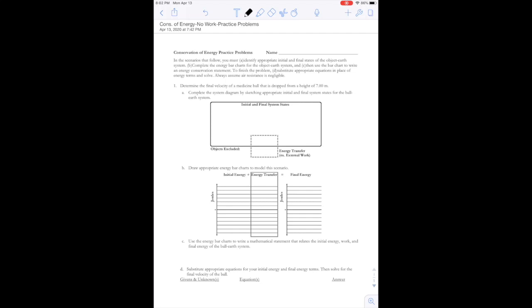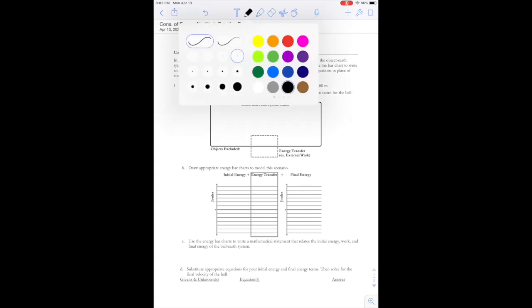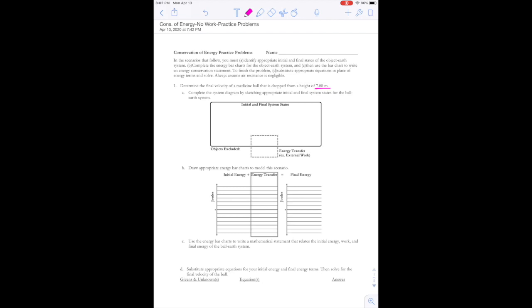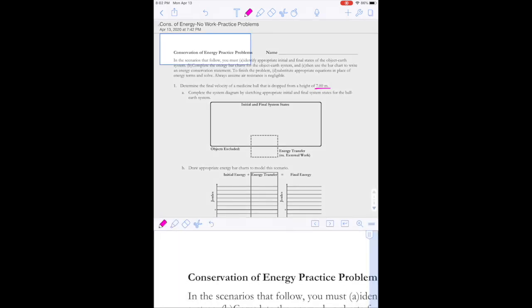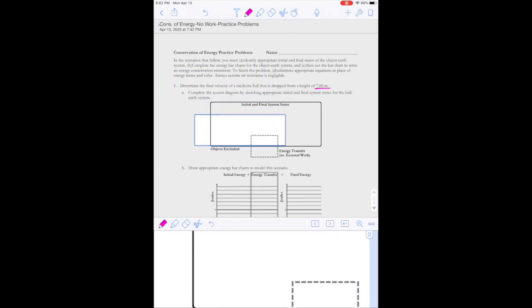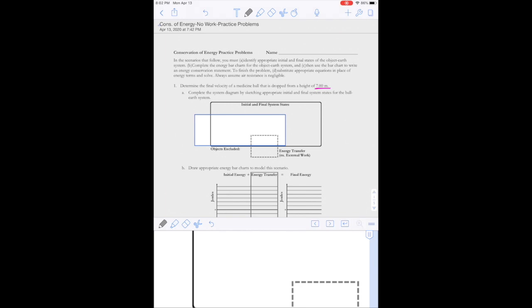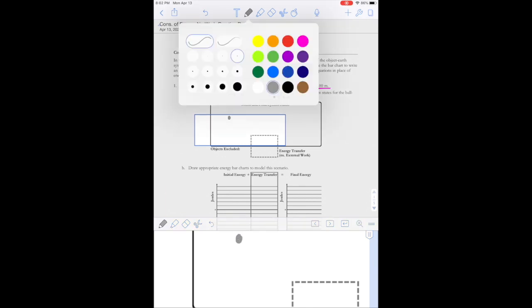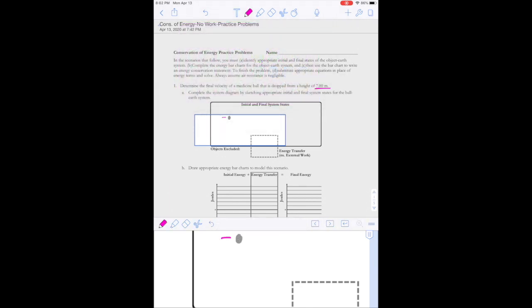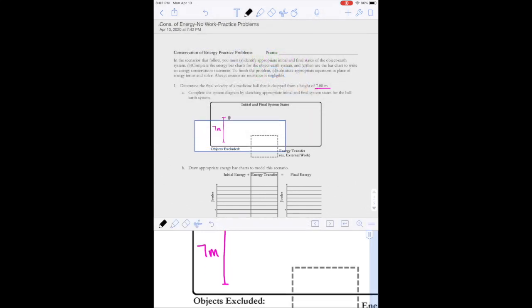All right, so first thing we're going to have to do is read our problem. It says, determine the final velocity of a medicine ball that is dropped from a height of 7 meters. So we've got an initial height of our object. First thing we're going to do is draw what is happening here. I am going to draw a little medicine ball, and I know that that medicine ball is 7 meters above the earth.